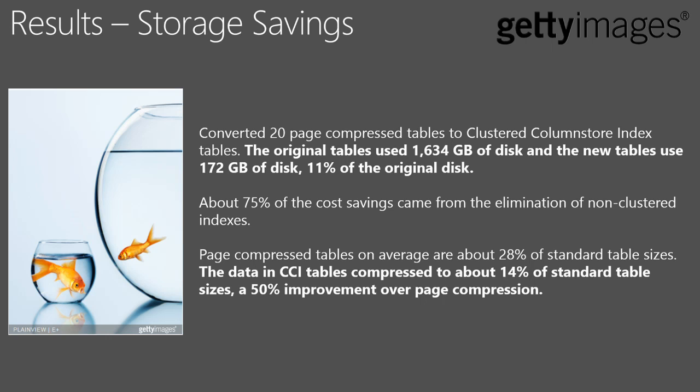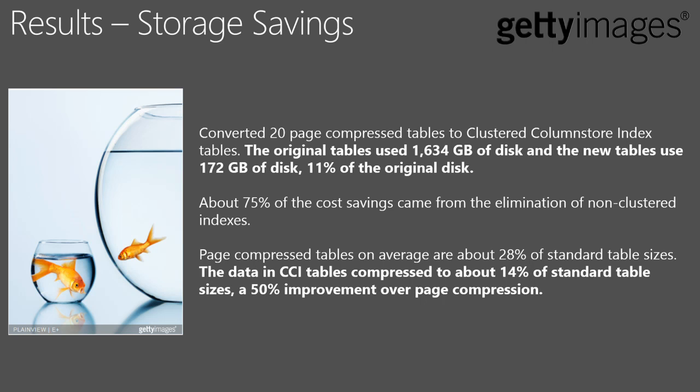The results, at the time of this slide, I focused on the first 20 tables that we converted. Since then, we've converted additional tables. But of the 20 tables, all of them were originally page compressed, and we were getting compression rates of around 28% on those tables. So these tables before were more like around 6 terabytes of data.